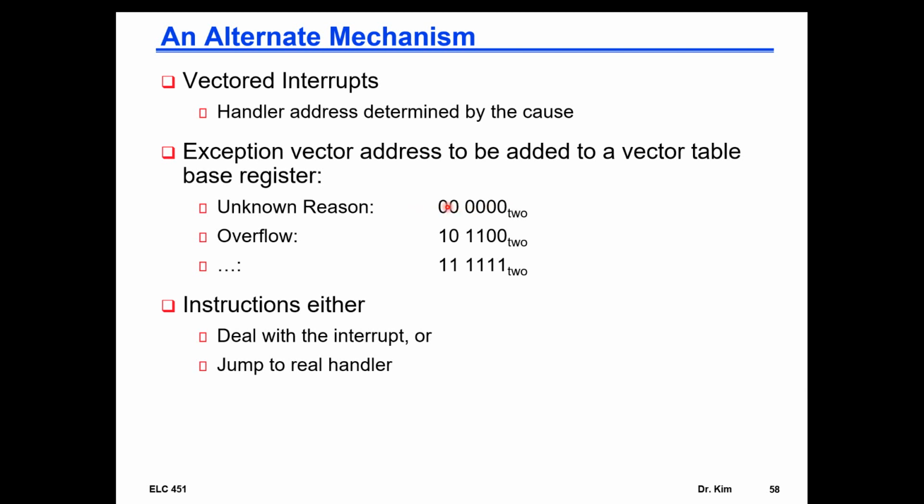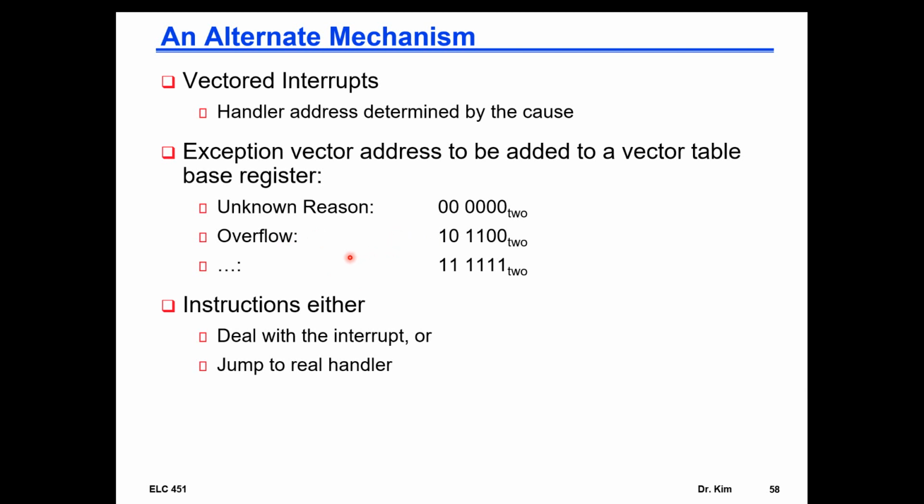At 0, which would be no displacement from the base register, there we have the code to handle an unknown type of exception. And on this one, that's where the code would start to handle overflow, and so forth. Okay?